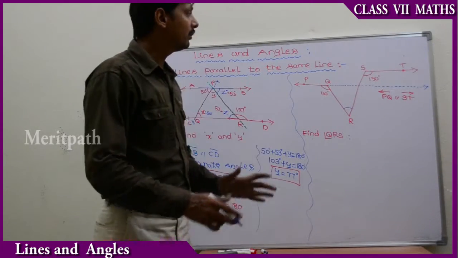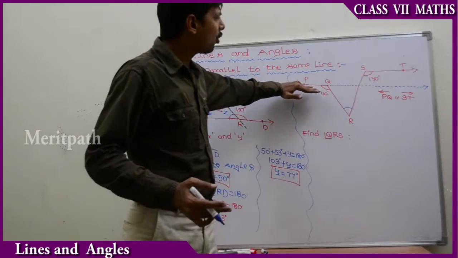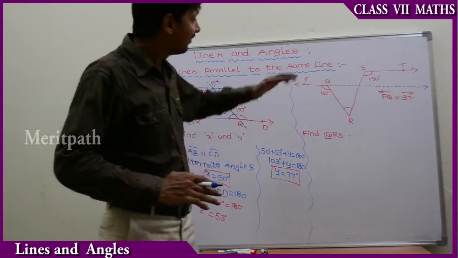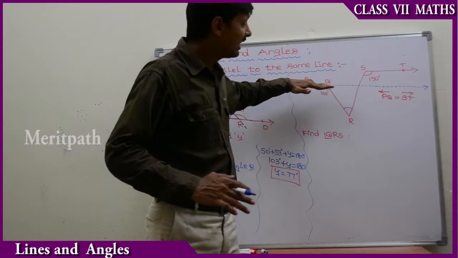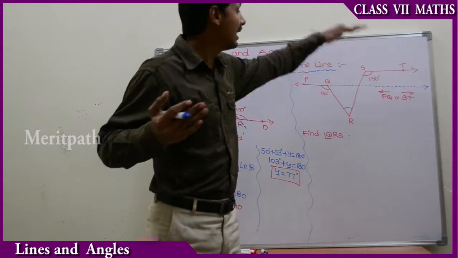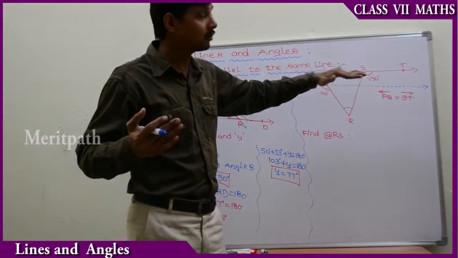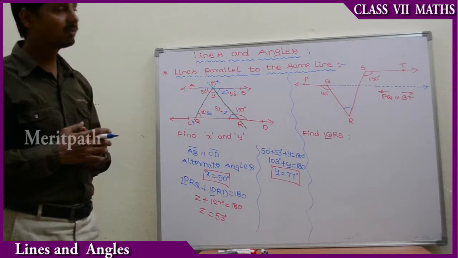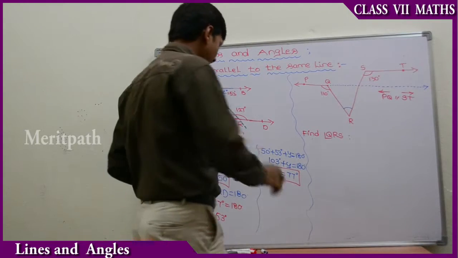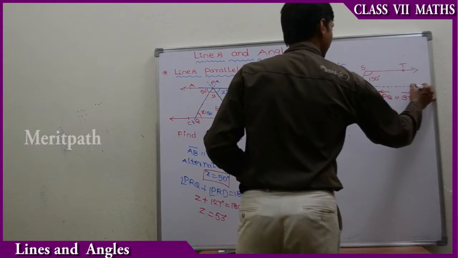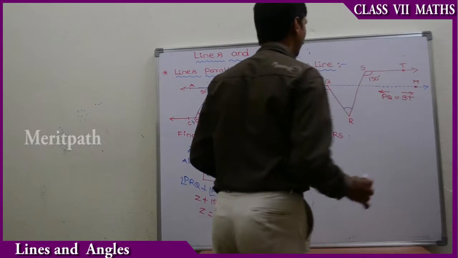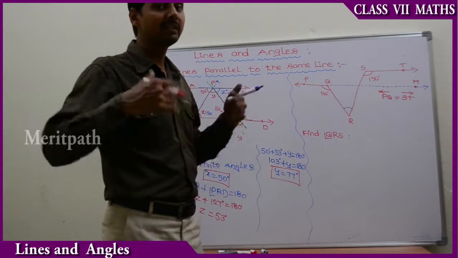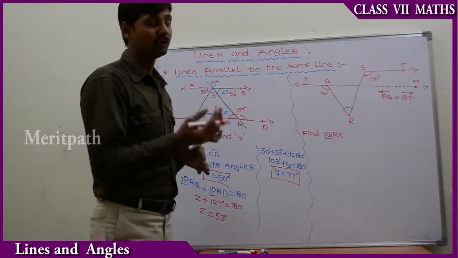So already it's given PQ and ST are parallel to each other. In that, we extend this PQ again on the right hand side, and the line is also parallel to ST. So in this extension, we take any one point, for example, F, so PF is parallel to ST, because we extended the same line, it will be parallel to the same line.